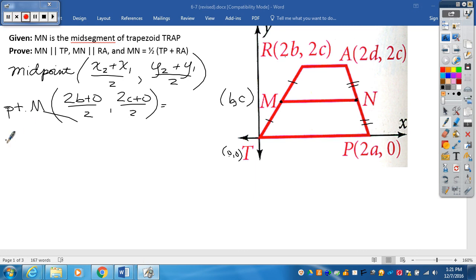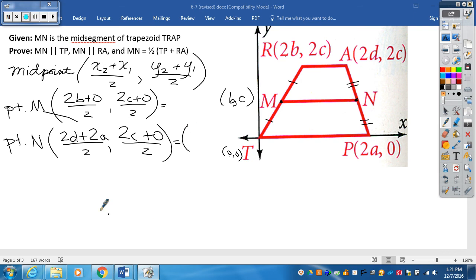Now for point N, okay, to find its midpoint, I'll go ahead and do something like this. Let's say 2d plus 2a over 2, comma, 2c plus 0 over 2. If we do that, we get the ordered pair of, now we're dividing both of these terms by 2 here, so you end up with d plus a, comma, c.